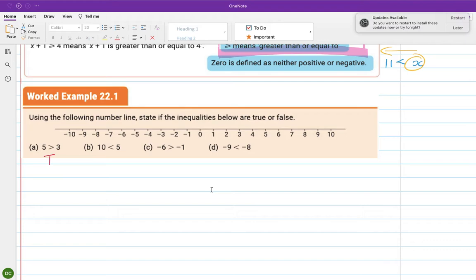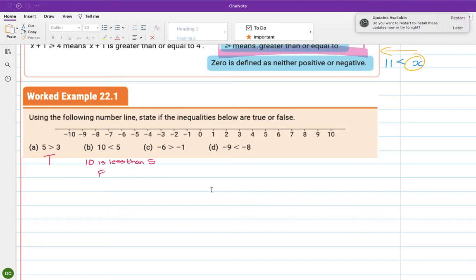Don't get complacent. So this reads 10 is less than 5, which is false. -6 is greater than -1.